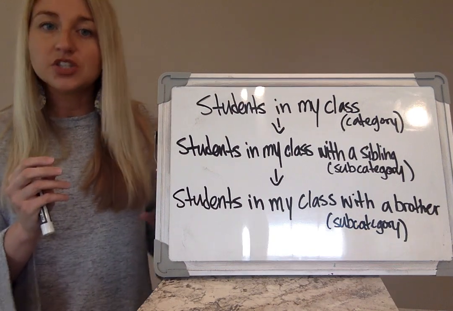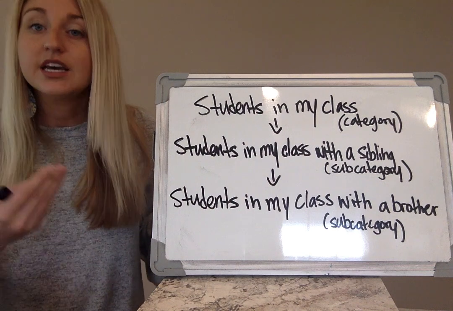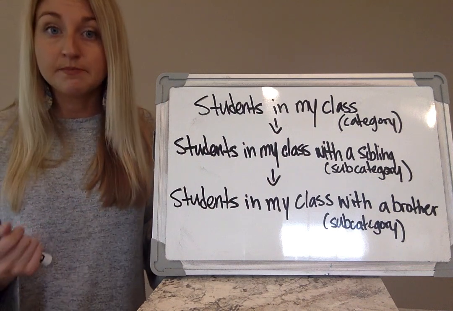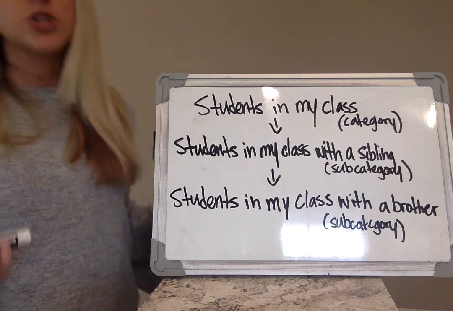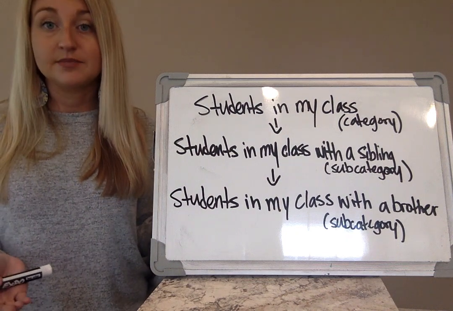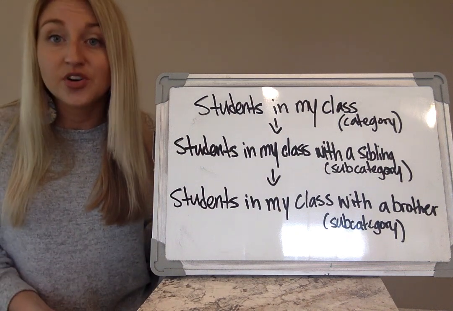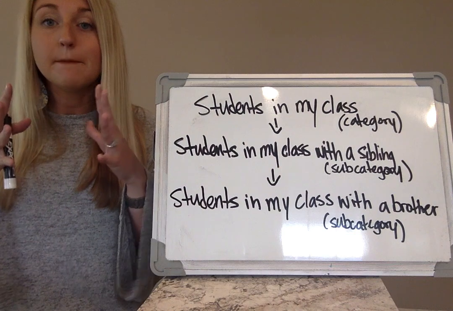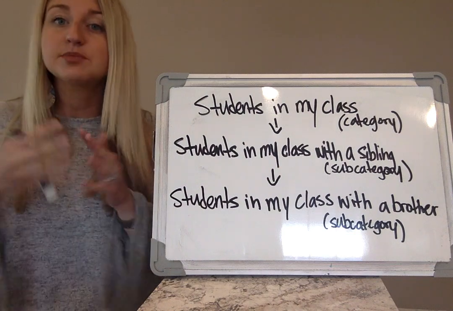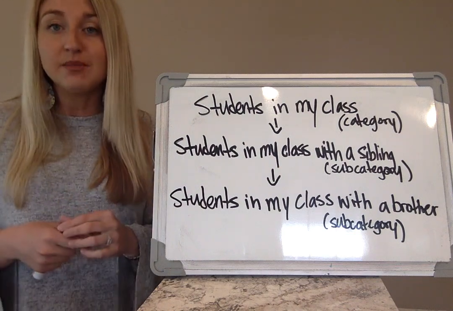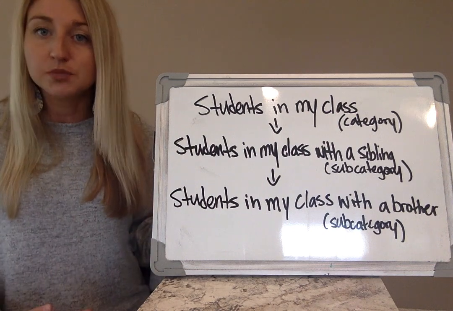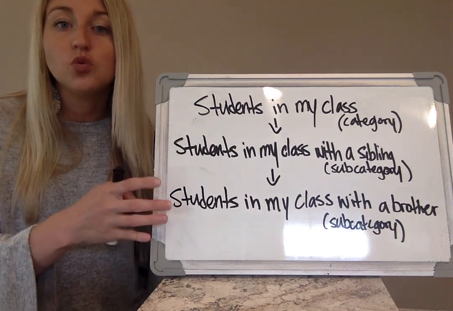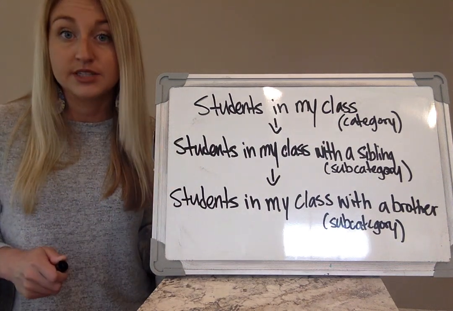I'm going to add something more specific each time. Here's what I mean. Our category that we're starting with is students in my class. Everything that I put under this has to be about students in my class, but it's going to get more specific each time. It's going to add a certain attribute each time to each one of my subcategories.